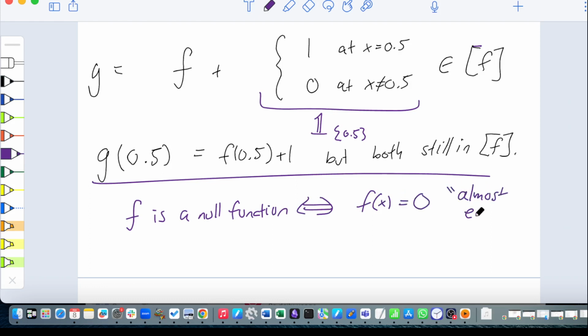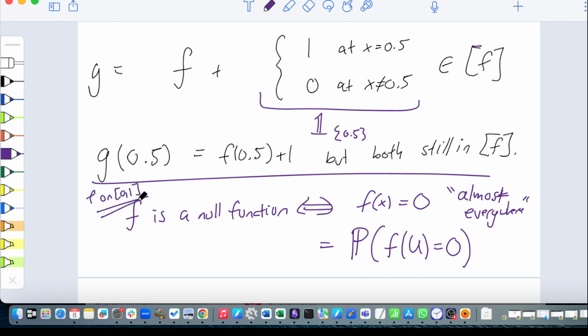What does almost everywhere mean? It means that if you pick a random number u between 0 and 1 and apply f to it, and ask what is the probability that f of u equals 0, it will be 100%. I'm assuming the function is really on [0, 1], so let's say f on [0, 1] to cover myself.